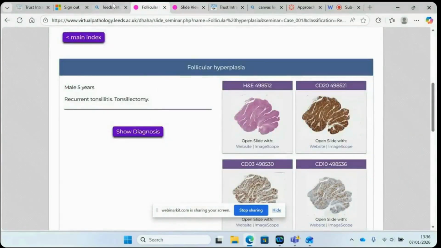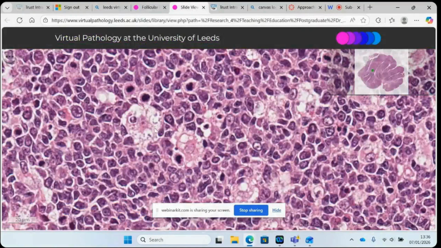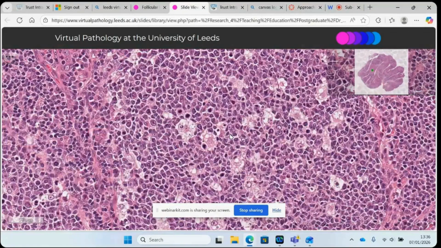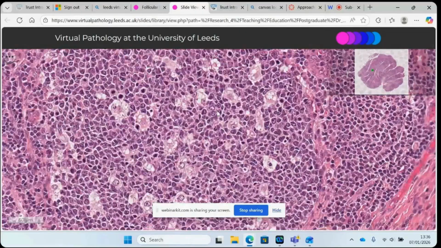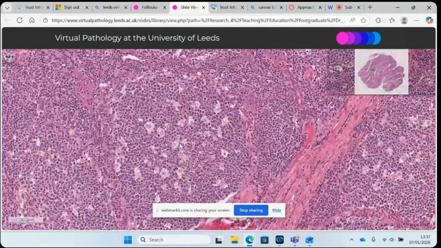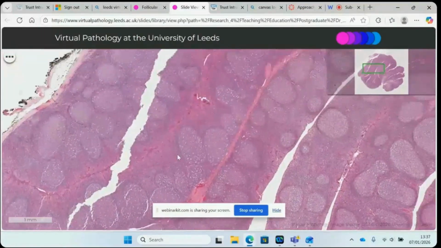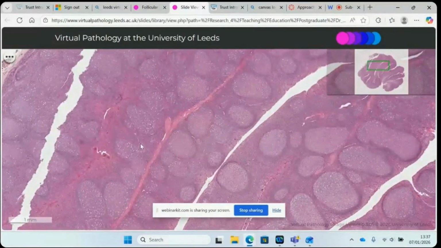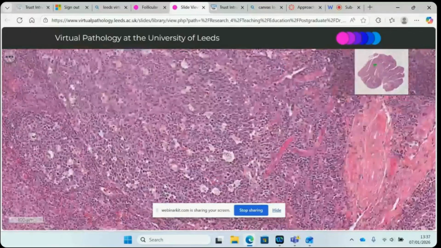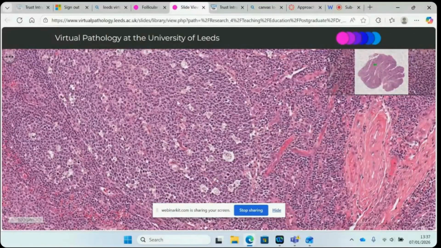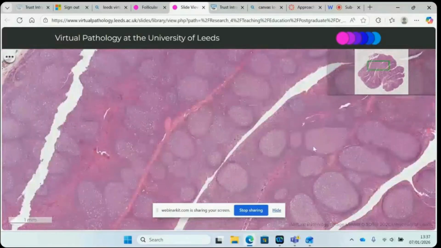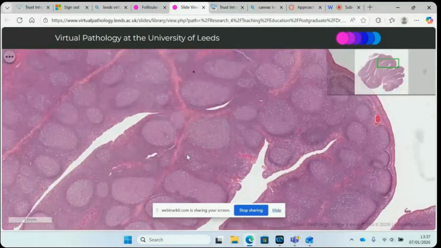These are the tingible body macrophages, which are present because of BCL2 switched off, so you get apoptosis of self-reactive cells, and you can see these even at low power. So at low power, you can say, yep, that's reactive, and just focus in. Have we got lots of tingible body macrophages? Hopefully no one would have a problem with that.